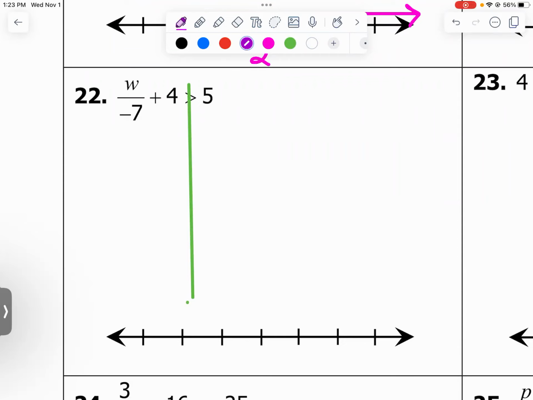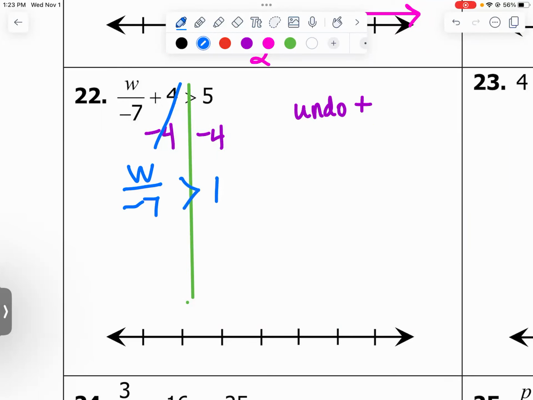Okay, here we go. Marco, what did you do first for number 22? Okay, Marco subtracted 4 from both sides. Do you agree with that? Okay. So these cancel and we get W over -7 is greater than 1. Okay, hold on.